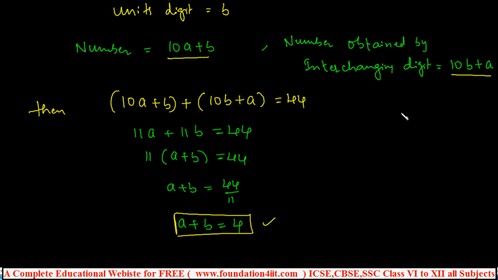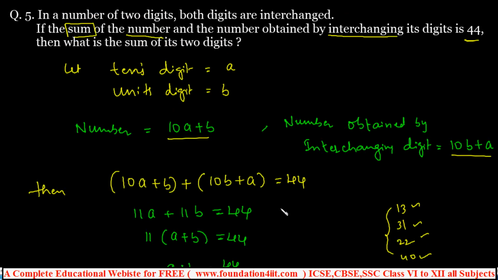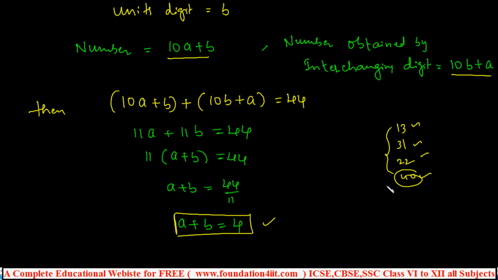It may be 13 or even 31, 22. These are the chances. We can even take 40, which is also 4 plus 0. So whatever it is, the sum of the digits is 4 according to this condition. And the sum of the number and its interchanged number is 44, they said. That means indirectly it might be 40, but 40 interchanged is 04, which is not a two digit number.